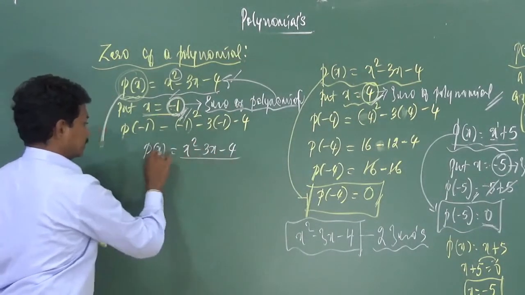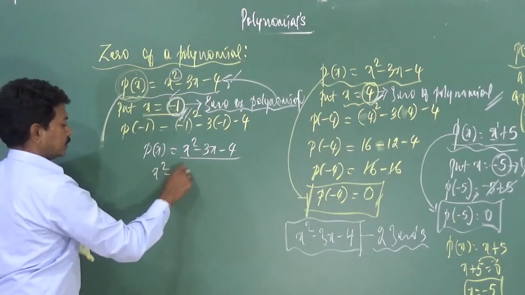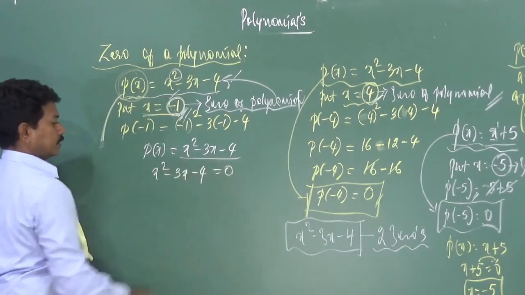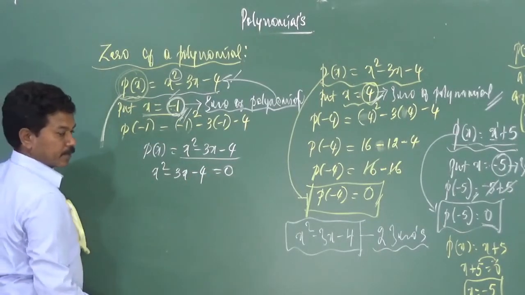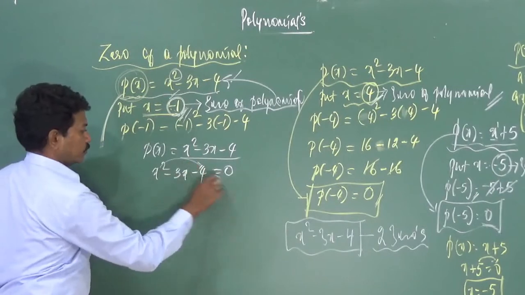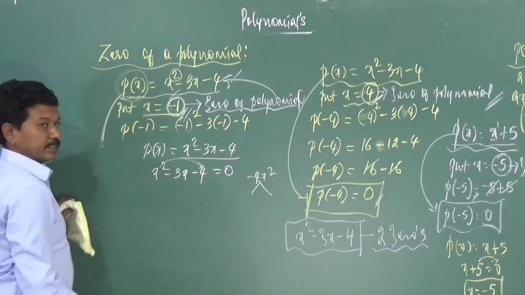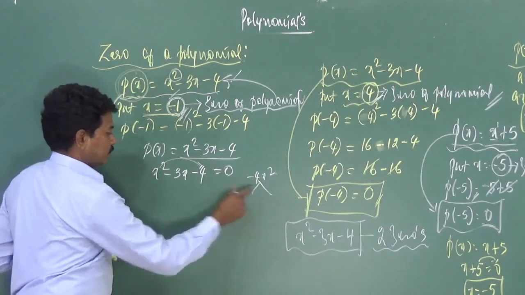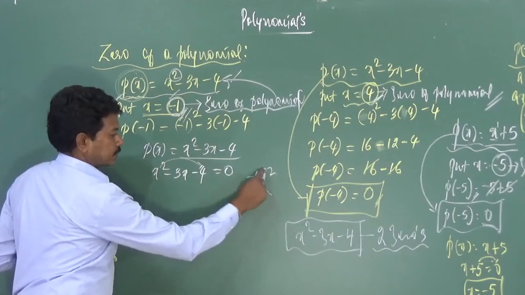In order to get the zeros of this polynomial, I am going to equate the polynomial to 0. Let us go with the sum and product method. x square into minus 4 is minus 4x square. You have to find two numbers such that if you add them, you get minus 3x, and if you multiply them, you get minus 4x square.